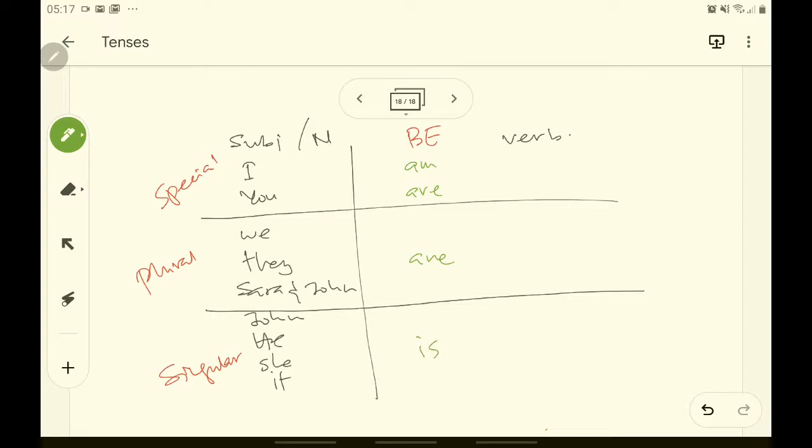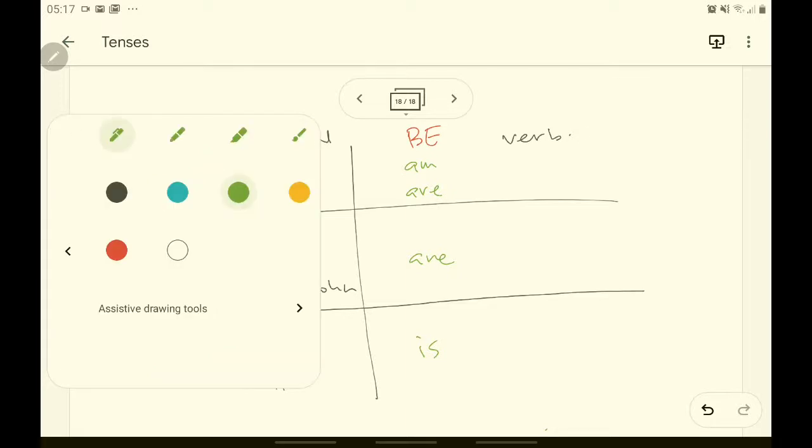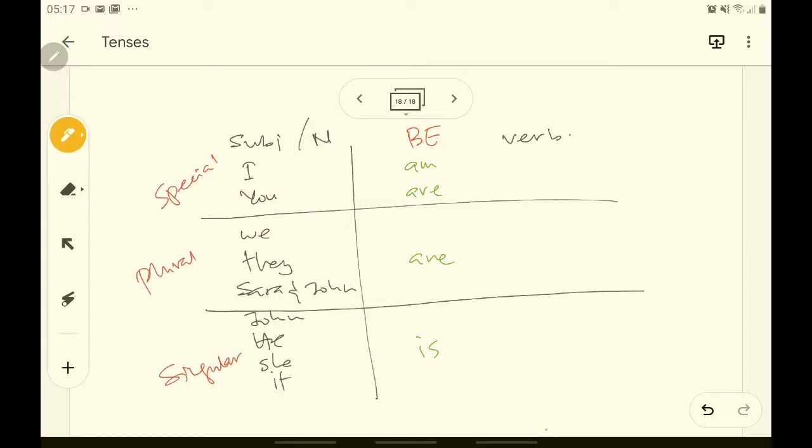Now we take any verb. Let's take an example of the verb sit. So this is easy.